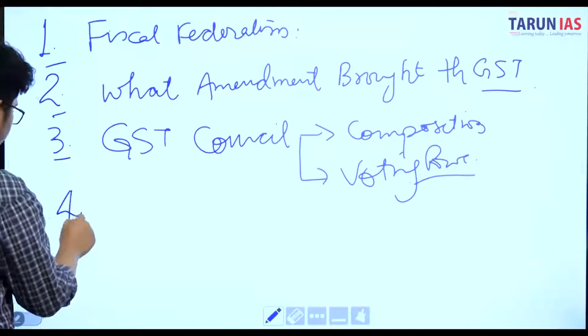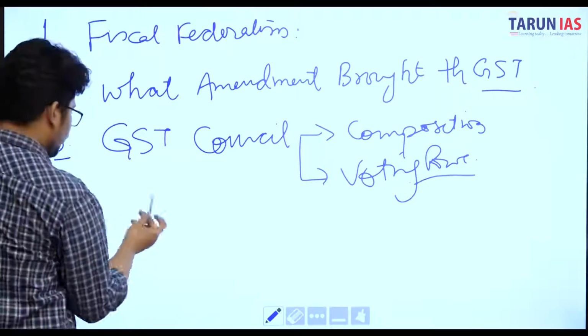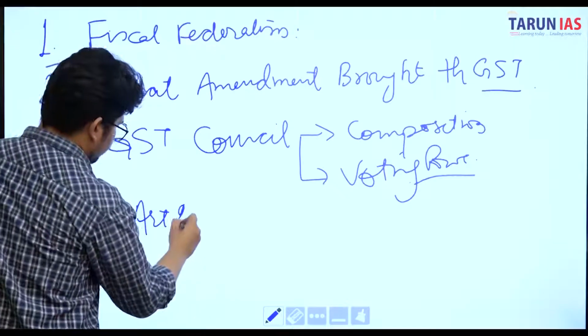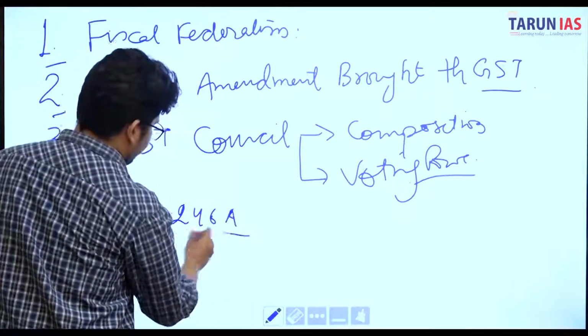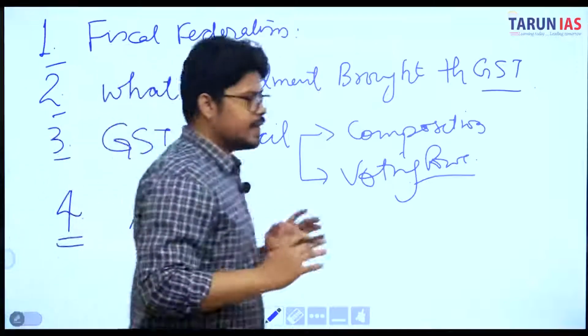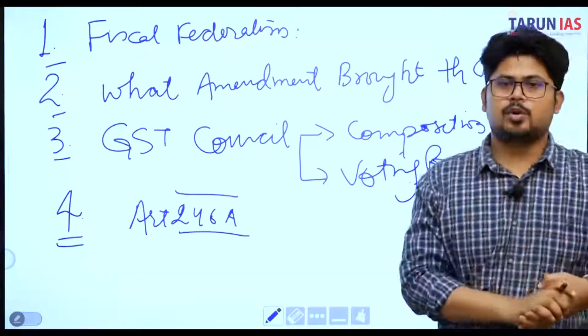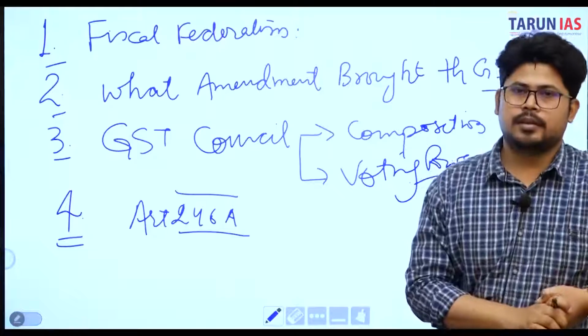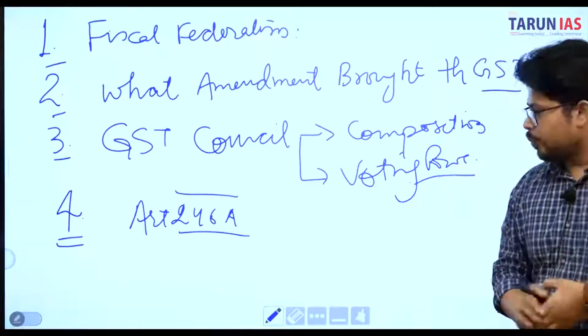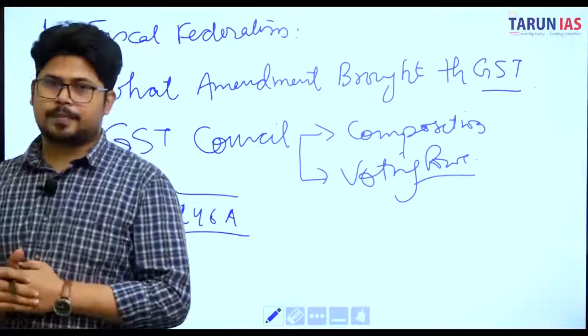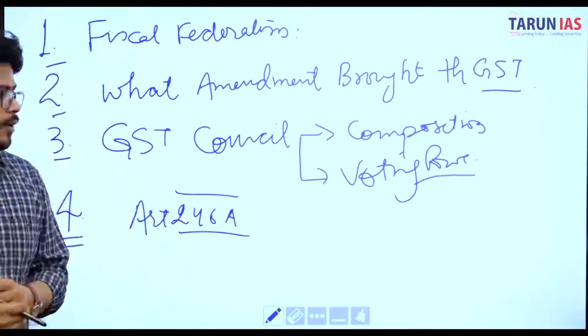And fourth, the Supreme Court's observation on Article 246A, that both state and center have equal, unique and parallel powers to make laws regarding GST. I hope that will do for the whole topic, and that will cover everything under the umbrella.